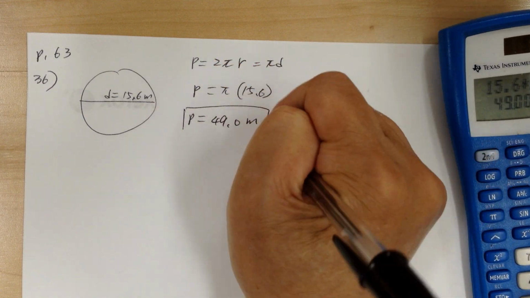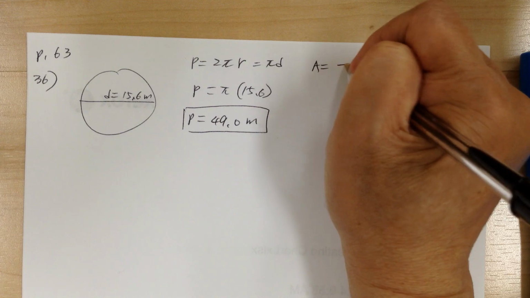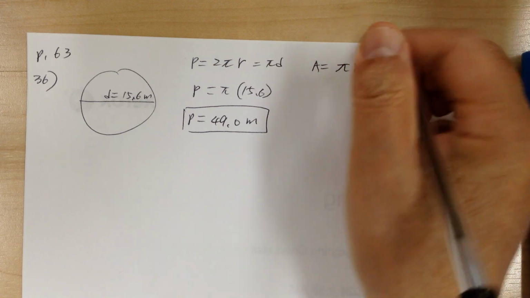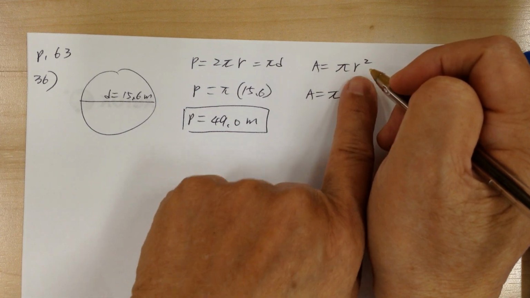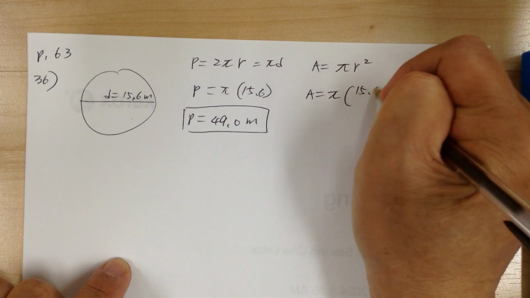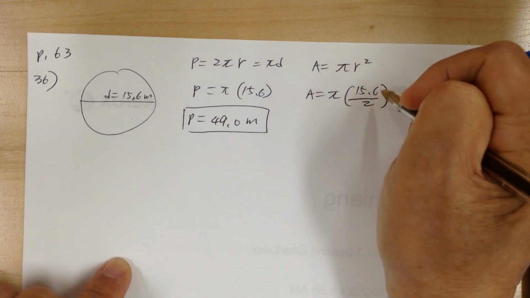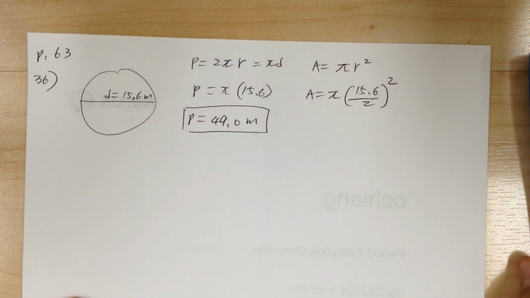Now the area will equal pi r squared. So area equals pi. Now r is the radius, and since the diameter is given, to find r you have to use 15.6 divided by 2. Diameter divided by 2 will give you the radius, and you have to square that.